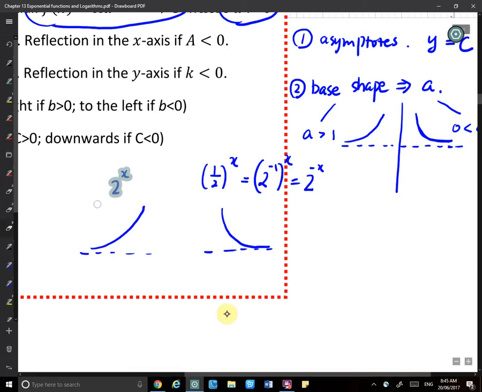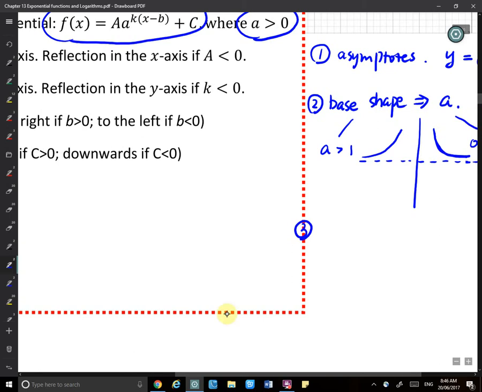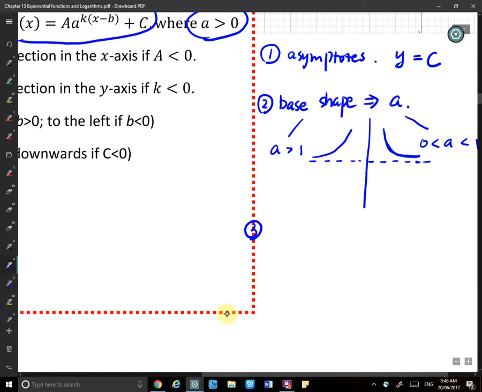Let's keep going. The second step is to make sure what the base graph looks like. Number 3 is to look at the a value. If a is less than 0, reflect in the x-axis.